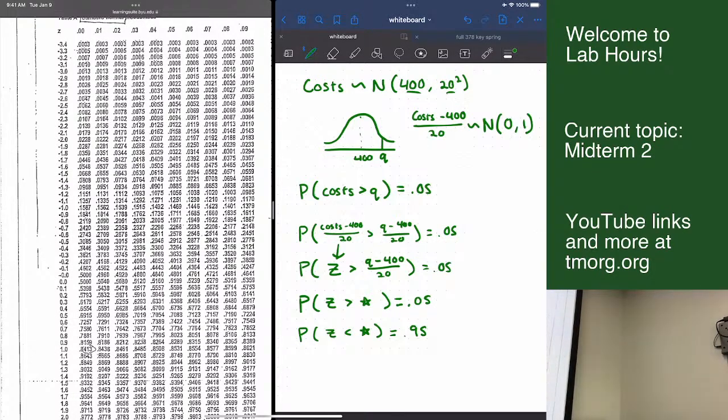But if I take the number that I pick and subtract 400 and divide it by 20, which is subtract the mean, divide by the standard deviation, that will turn into a specific z, right? Because again, costs here is the variable. Q is a value that I want to pick, a constant. Yes?